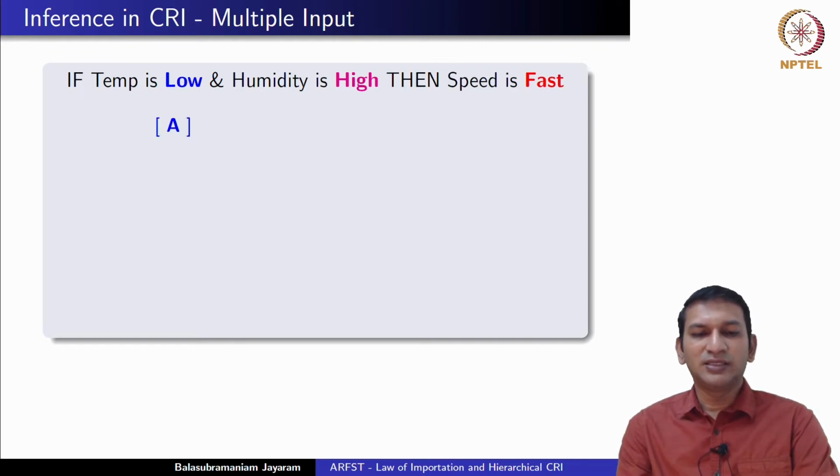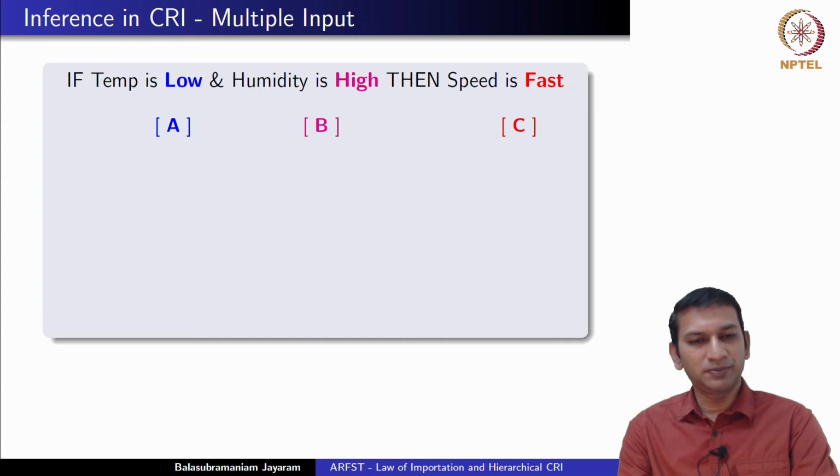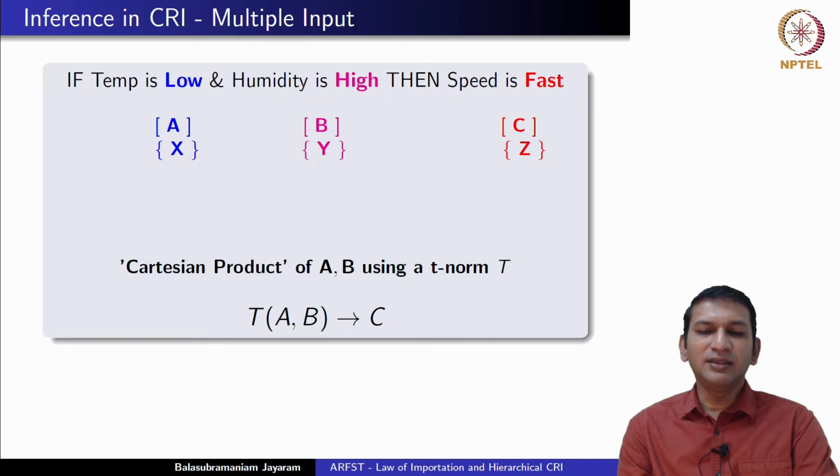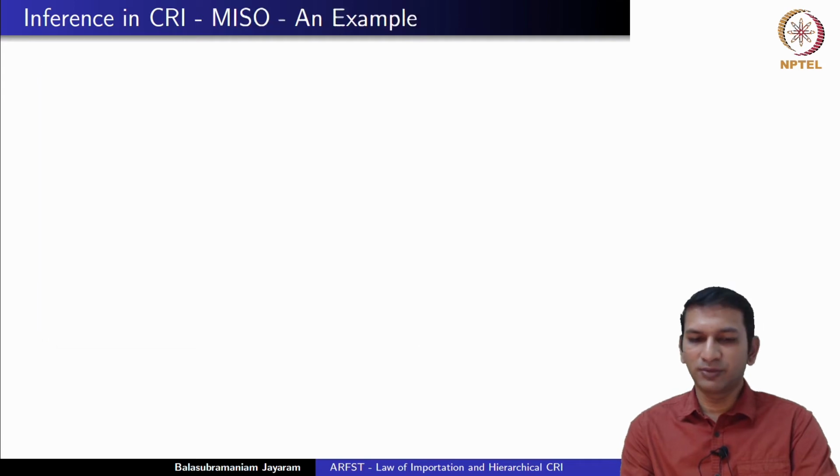So now this is something like you have a fuzzy set A from F of x1, B from F of x2, and C from F of y. Or we could also take the domain to be x, y, and z. So normally what we do is we take the Cartesian product of A and B using a T-norm, and then apply the function f, which is typically an implication, to obtain the relation of this particular rule.